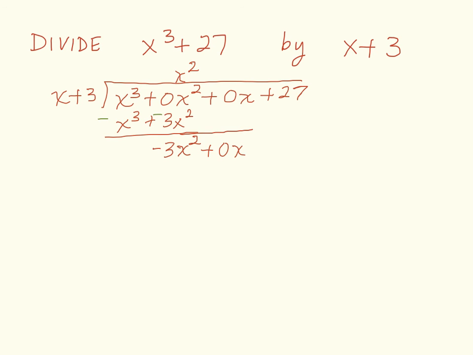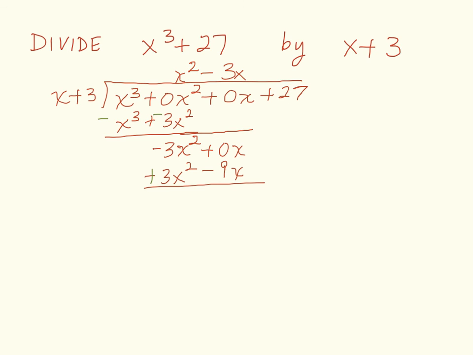X goes into negative 3x squared negative 3x times. Negative 3x times 3 is negative 9x. Negative 3x times x is negative 3x squared. So when I subtract, the signs change.